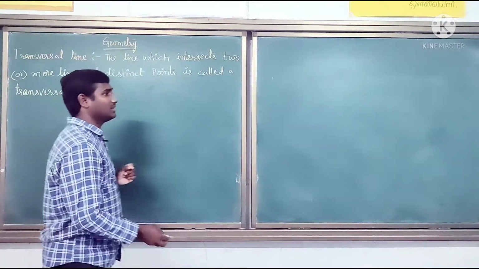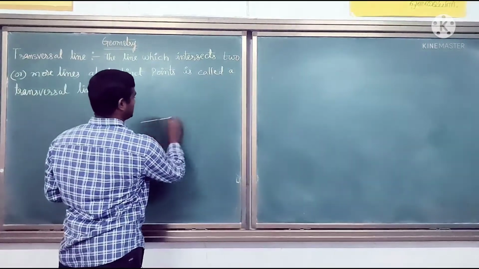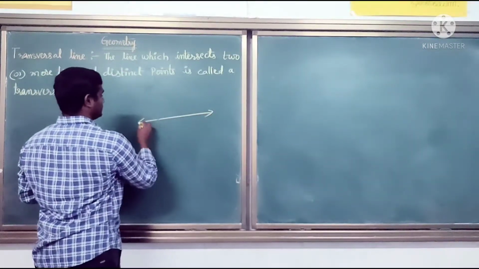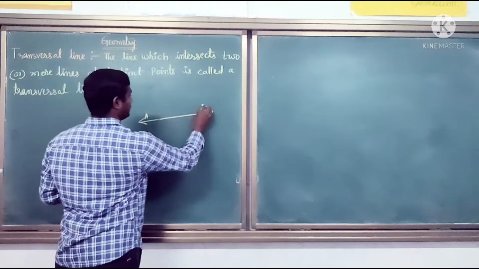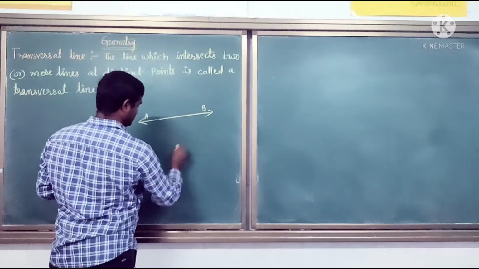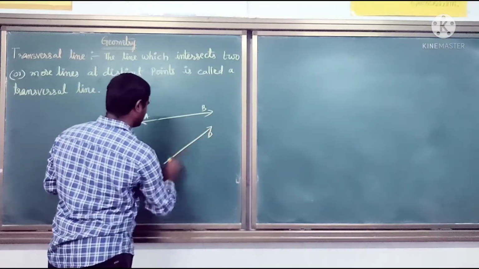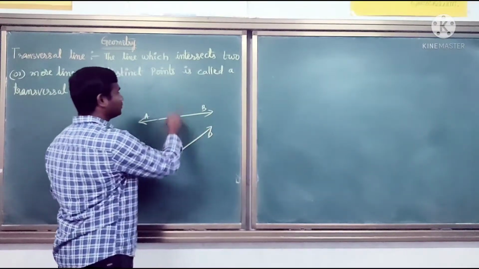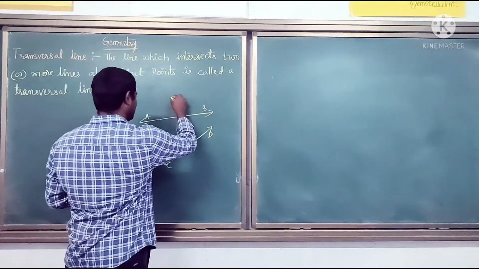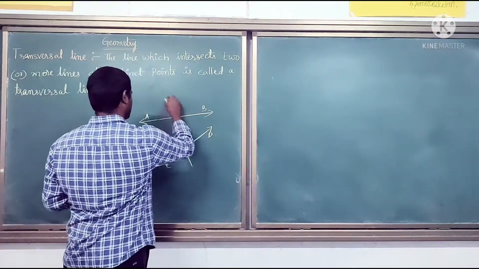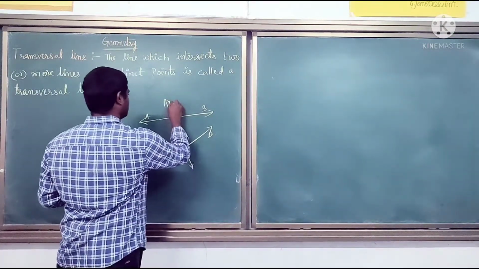Let us take two lines. This is line AB, and take another line CD. For these two lines, one line is intersecting like this. You can take PQ.